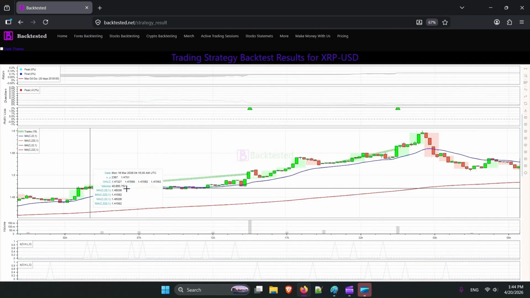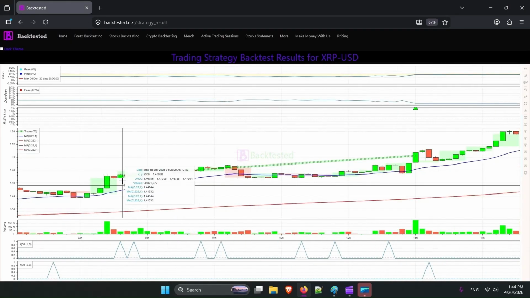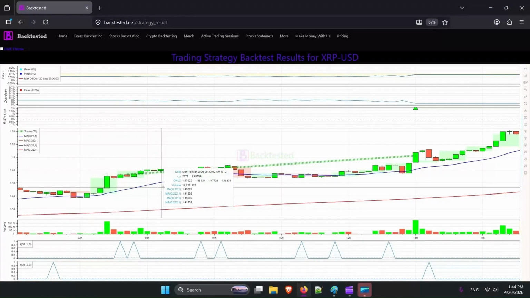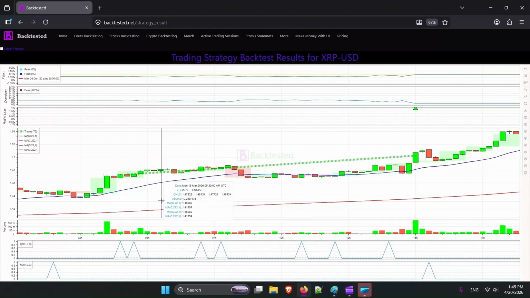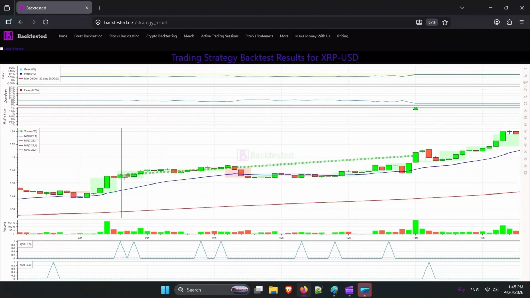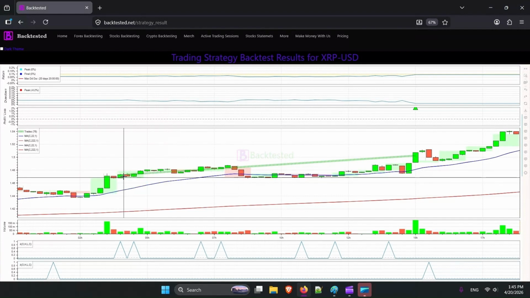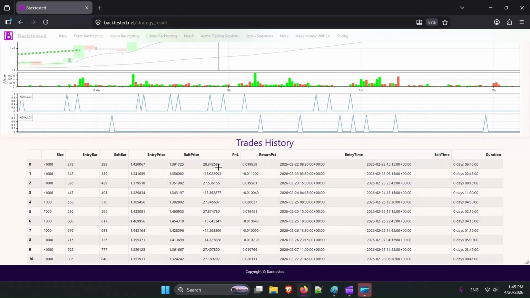Same thing here, as you can see, guys. Price is above the fast EMA, and the fast EMA is above the slow EMA. And then you have the second condition to confirm the signal, which is bullish engulfing in this case.